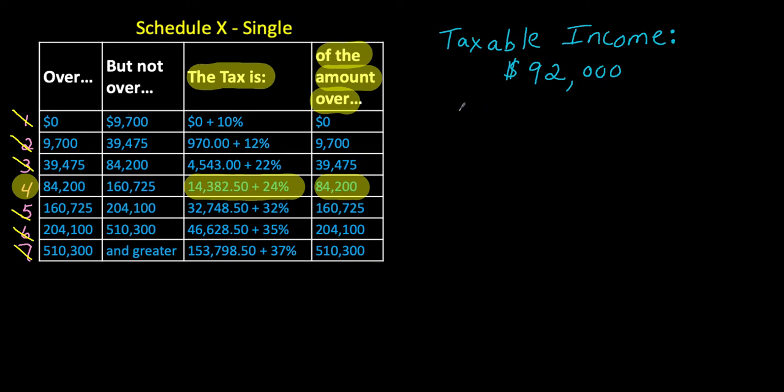So what I do now is I go right here to this row I highlighted, and I just use this row. I'm going to take this $14,382.50, and I'll just write it down.